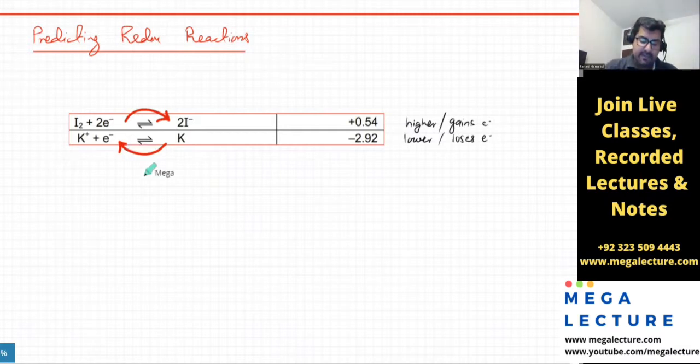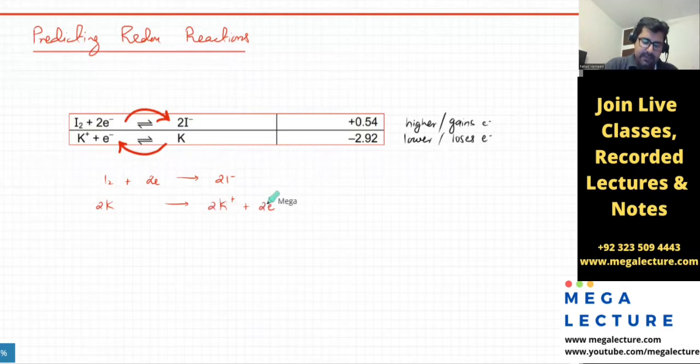And you just have to make the overall equation now. So iodine is the one that's gaining 2 electrons to form I minus 1. And potassium is the one that's losing electrons, potassium plus 1. Now the electrons gained and lost have to be equal. So I'm going to double this, multiply this by 2. So it's going to be 2 electrons.